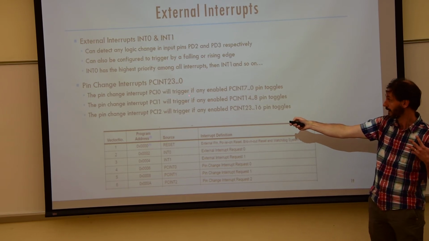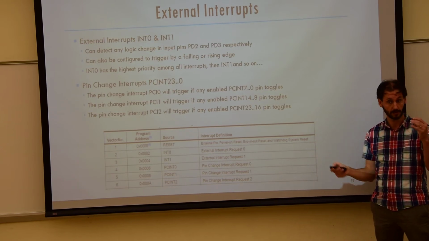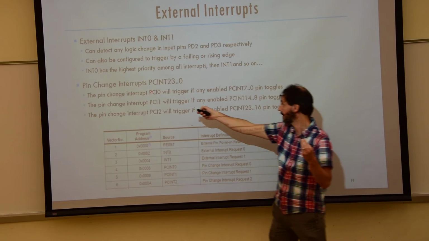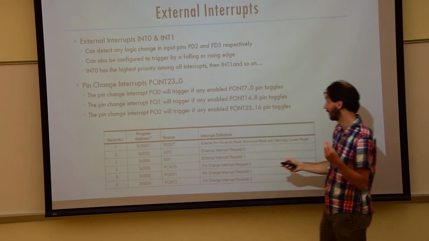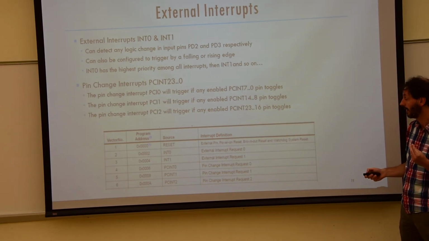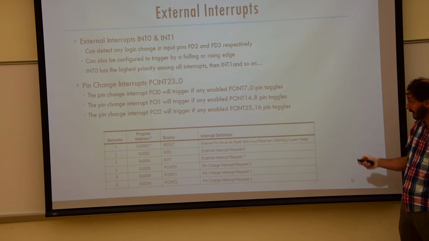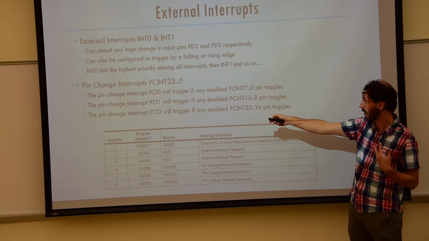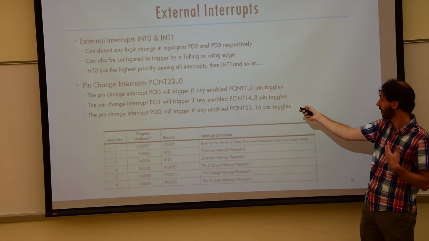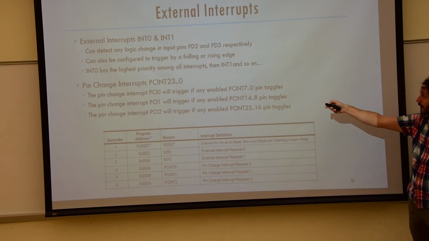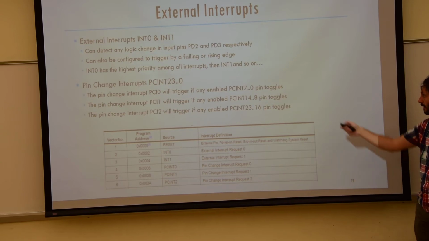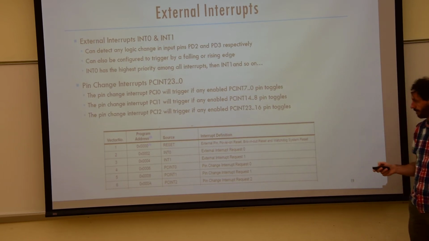Over here you can enable only those pins that you're interested in to trigger, say, PCI0, and then of course you can enable this, and this will call an interrupt service routine if you have enabled it, on a pin toggle. So regardless of the falling or rising edge, when it toggles, either it falls or it rises, you will then call the interrupt service routine.